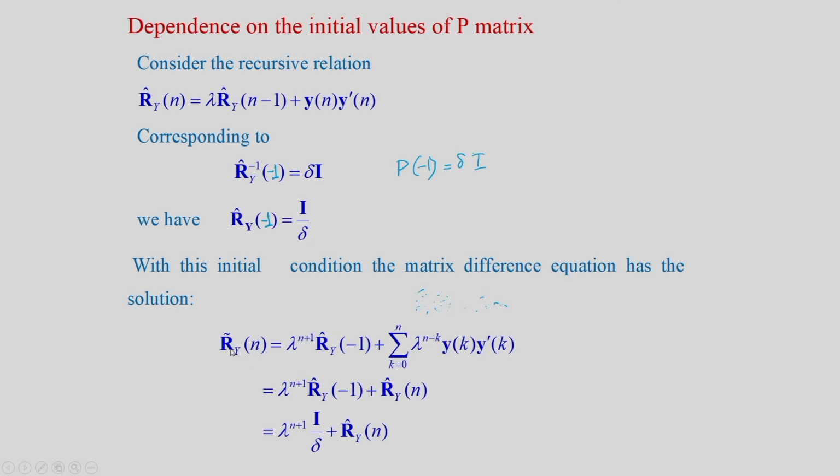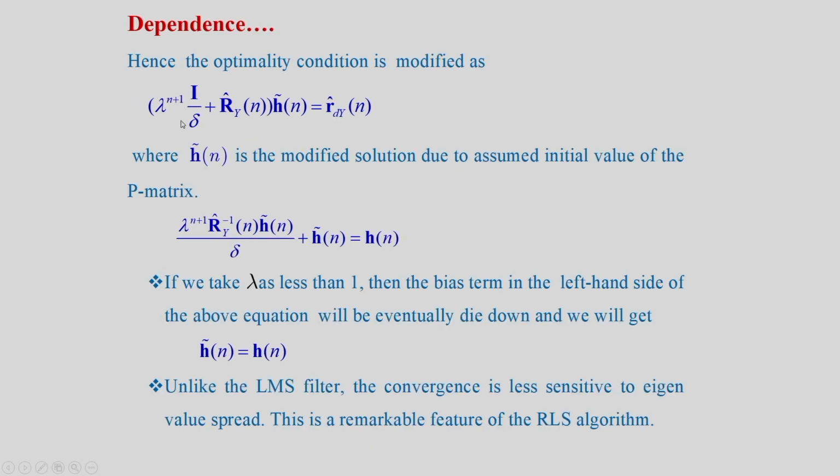Now, our autocorrelation at different instants will be given by this expression: lambda to the power n plus 1 into I by delta plus the actual estimation Ry hat n. Hence, the optimality condition of the normal equation is modified to this, that is, lambda to the power n plus 1 into I by delta plus Ry hat n, into h tilde n, must be equal to R dy hat n.